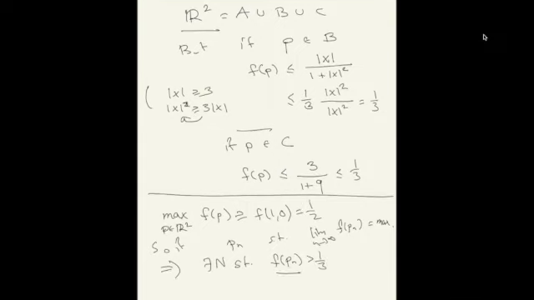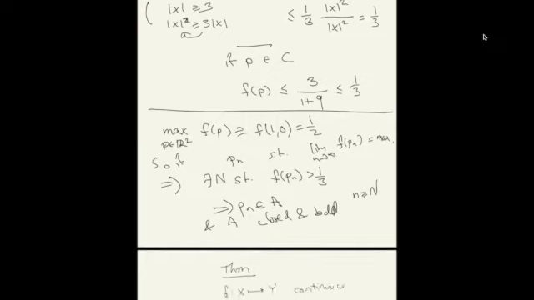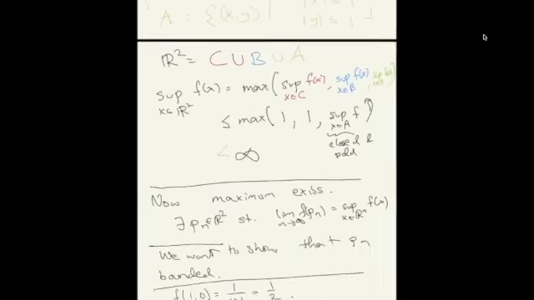Because f of Pn is bigger than 1/3, this means that Pn is actually, after this index, in A. And A is closed and bounded, so it is compact, and there exists a convergent subsequence. So this concludes this more involved example.